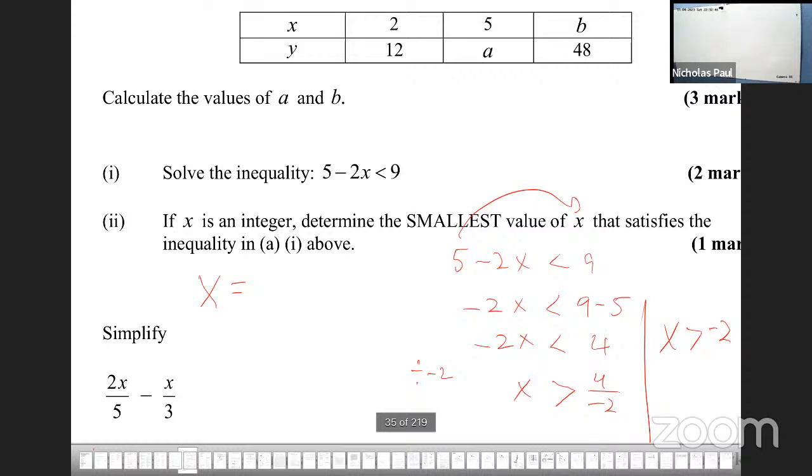Minus 2. Be sure, but remember minus 2 is not included. It's more than, so if minus 2 is not included, look at the number line. More than. Minus 1. So the answer is minus 1. You want the value. So the smallest integer is minus 1. Minus 2 is not included.